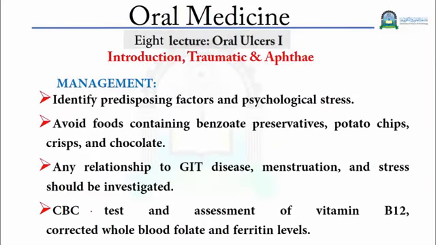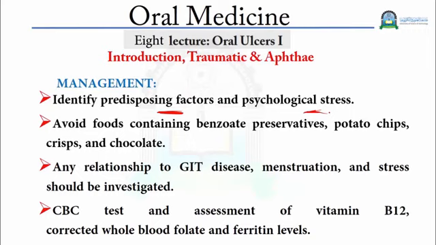How to manage the ulcerations? Recurrent aphthous ulcers should be managed, first of all, by identifying the predisposing factors, the causes or etiologies of recurrent aphthous stomatitis. Psychological stress should also be managed.